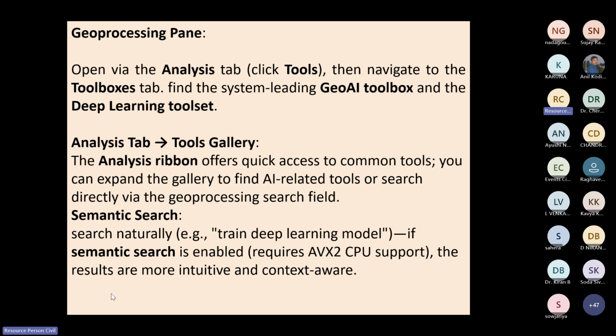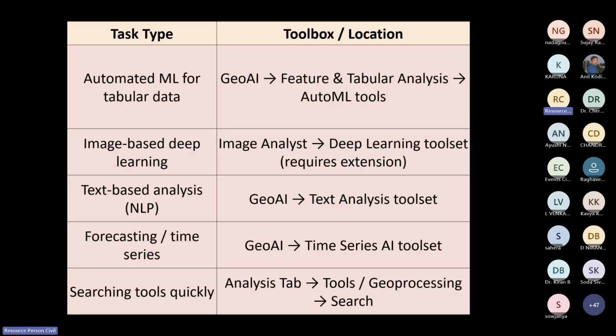If your time permits, I can show one. Yes, this is one task and how the different toolbars are located. Automated machine learning for tabular data in ArcGIS is available in GeoAI.